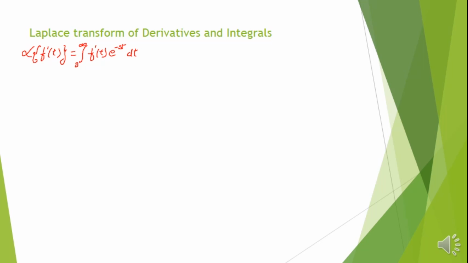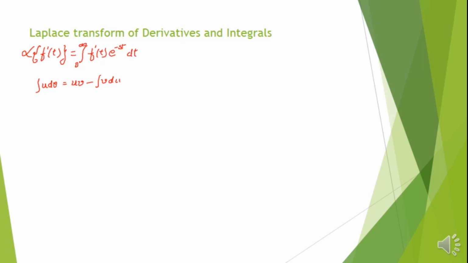So if we integrate, this integration is based on integration of products: integral of u dv is equal to uv minus integration of v du.